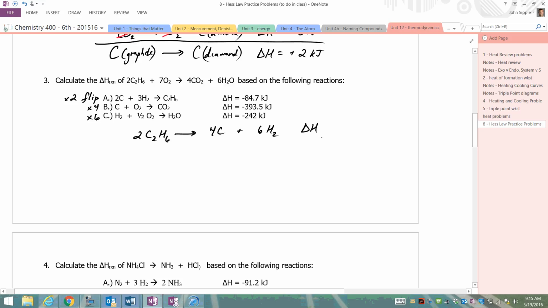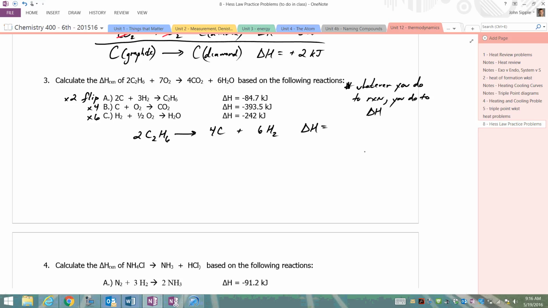And now the delta H is going to be, yeah, so whatever you do to the reaction, you do to delta H. Okay, so our new delta H value is positive 84, but then we multiply it by 2.